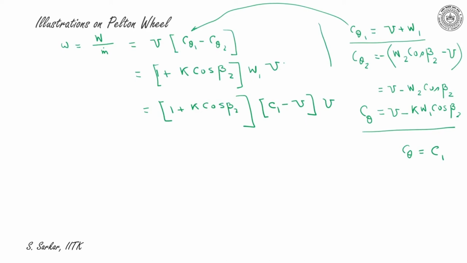I have estimated C1 and U, and thus I have estimated U rather. I also know the value of C1. Let me put the whole value here. So this is (1 + K), which would be 0.88, cos of 10 degree.